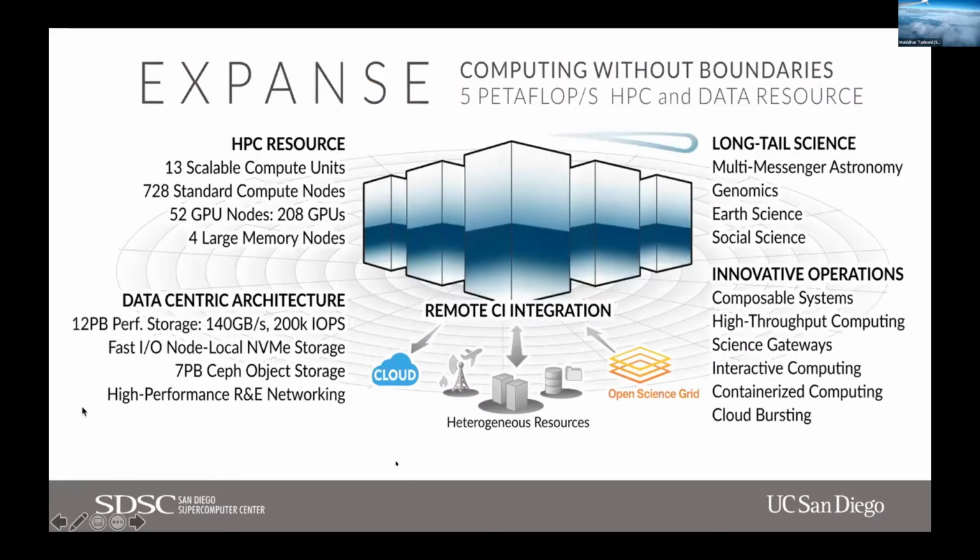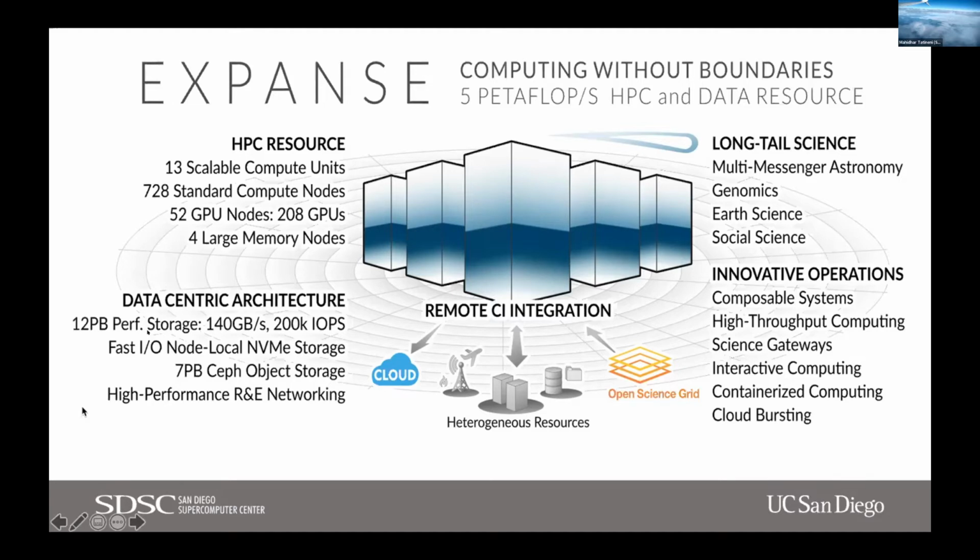So this figure is basically right out of our proposal, but this was what was initially set up. So that's 13 scalable units, and I'm going to talk about the scalable units a little bit later, with 728 compute nodes and 52 GPU nodes. And all this changes in the next slide, so that's why I'm saying it's an initial setup.